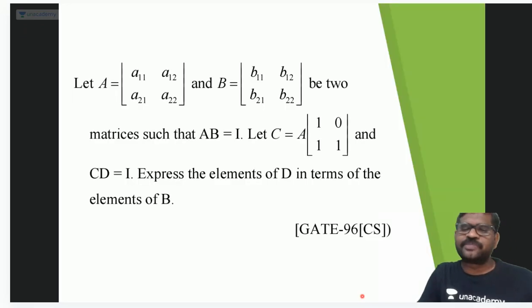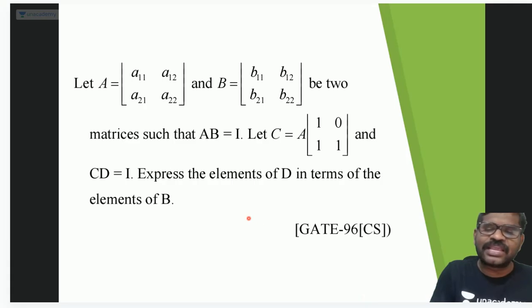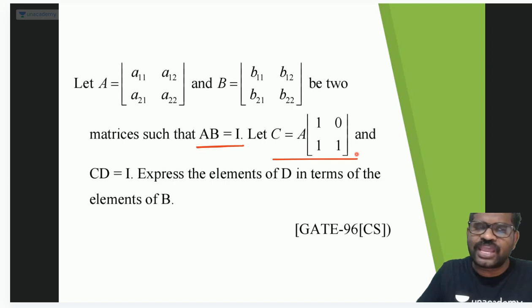Next problem. Matrix A is [A11, A12; A21, A22]. Matrix B is [B11, B12; B21, B22]. These are 2 matrices such that AB is equal to I, one relation. Another relation, C is equal to A into [1, 0; 1, 1].